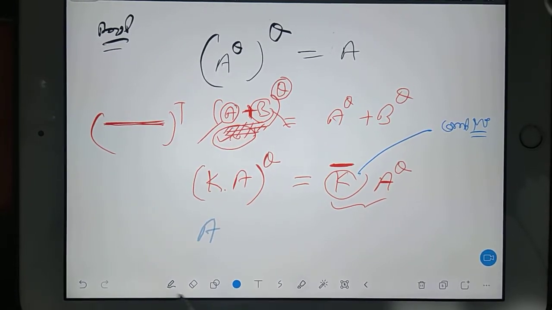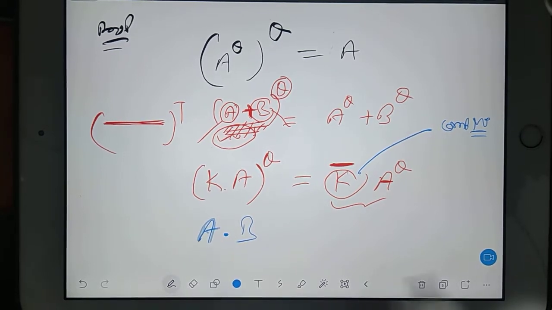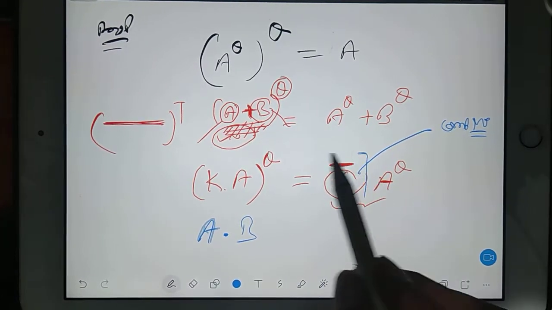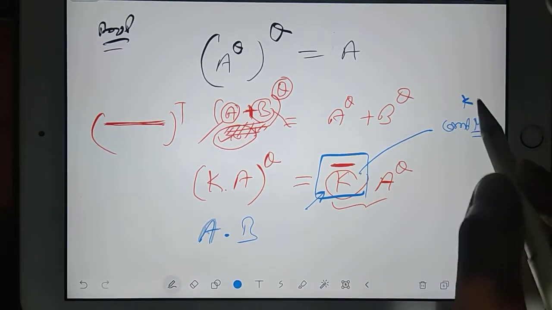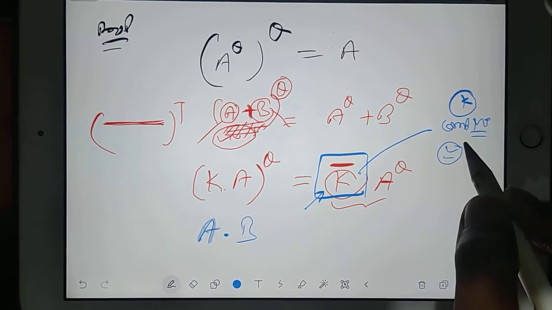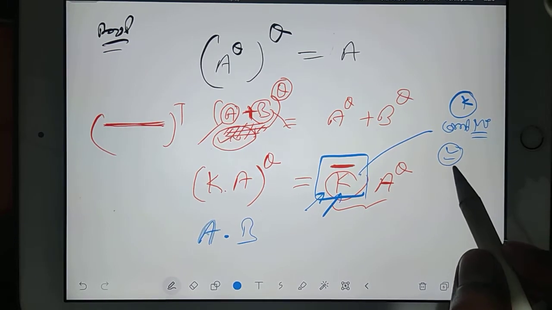This k was actually a complex number. Then you have to find the conjugate of that complex number.